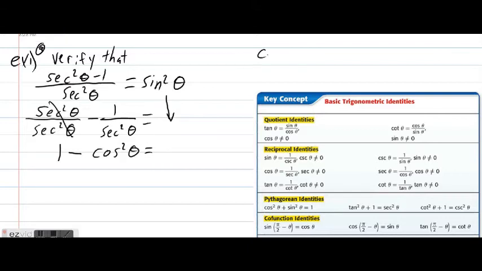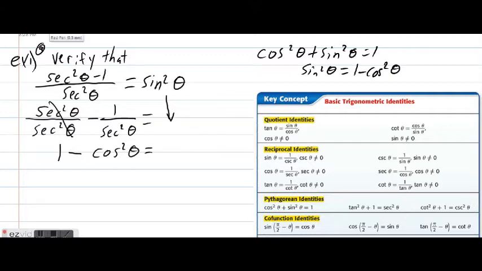And I have cosine squared of theta plus sine squared of theta is equal to 1. Do you agree if I subtract cosine squared, I end up with sine squared of theta is equal to 1 minus cosine squared of theta?